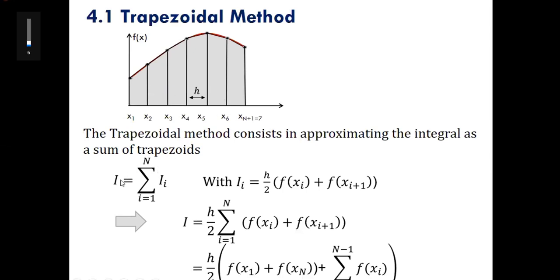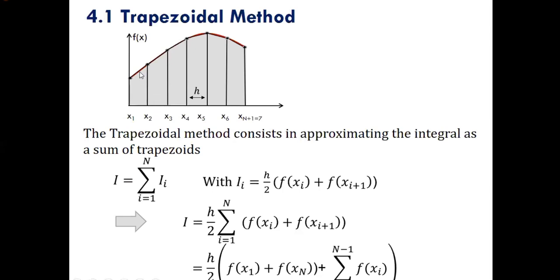So I is the sum from i equals 1 till n of Ii. So this is I1, I2, I3, I4, In, etc., where Ii is the integral or the area of the trapezoid constructed upon the points xi and xi plus 1. So what is the area of a trapezoid?